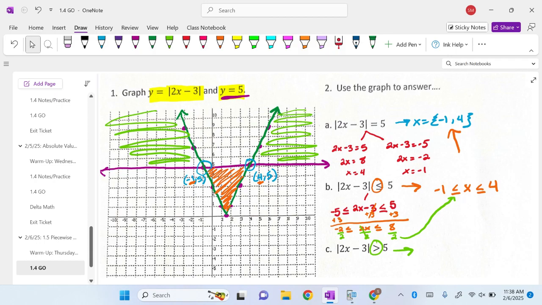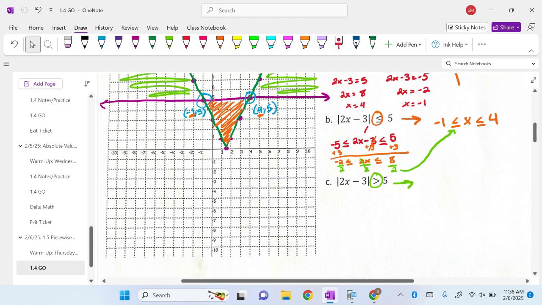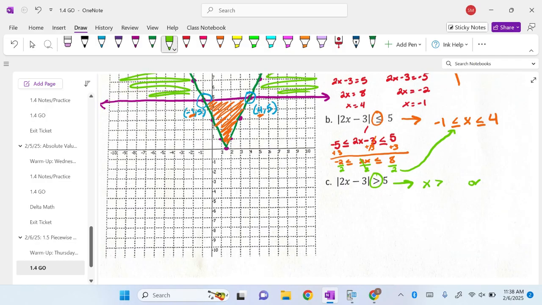It's not between two numbers, so we would definitely have two separate. And remember, when we have two separate, that means x is greater than something or x is less than something. It's our job to figure out which x values are going to be greater than, and which x values are going to be less than.